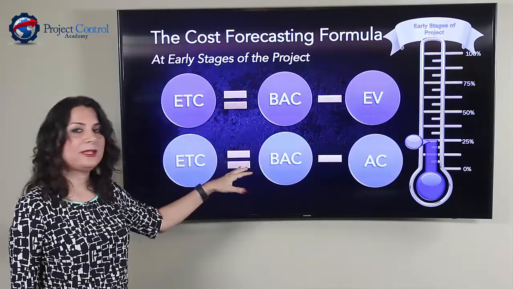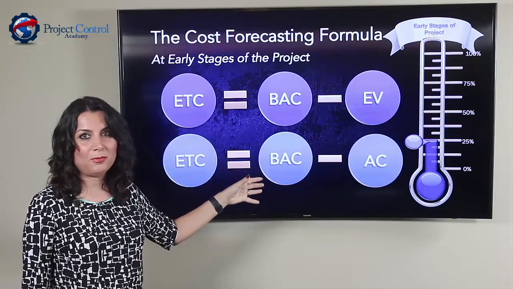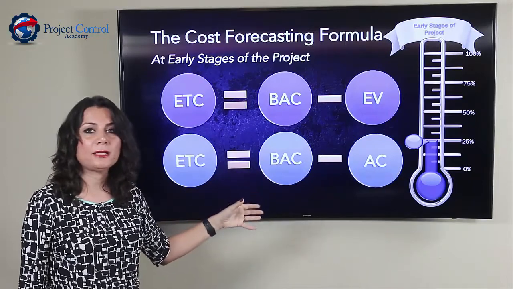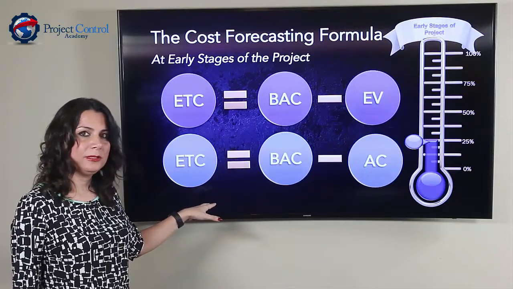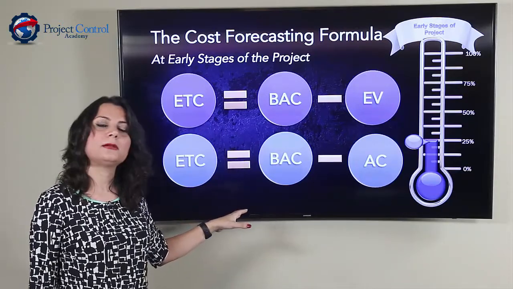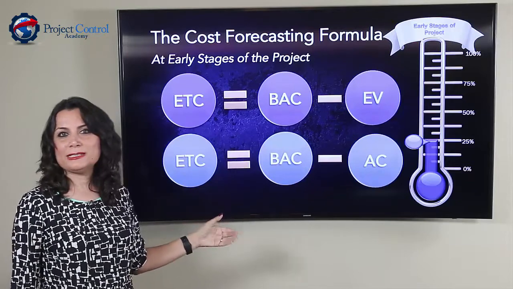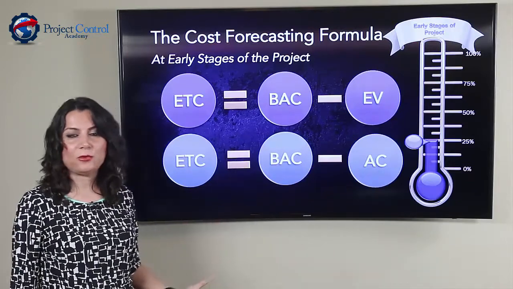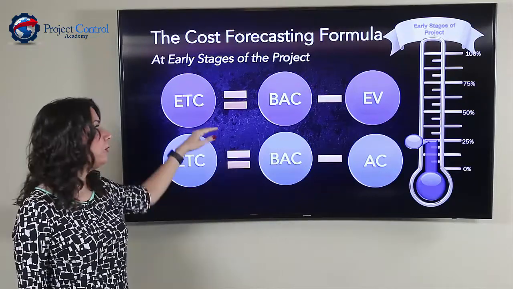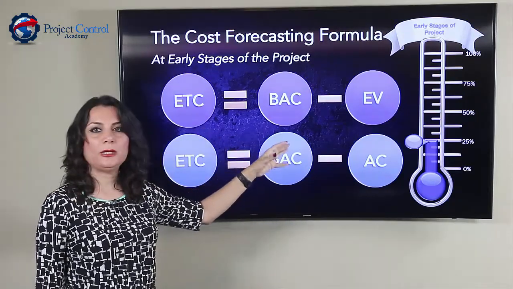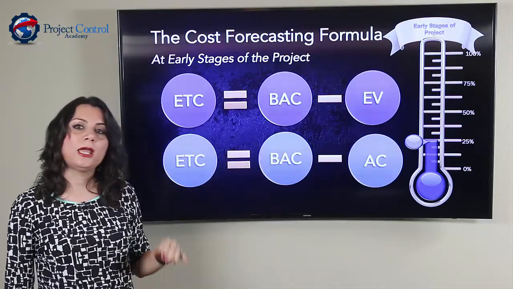For this, because it just shows you the remaining money that's left in your pocket, probably it's safe to use this formula very early on your project, probably the first, second, or third reporting cycle in your project, that you don't see that much of deviation, everything is according to the plan. But for the other one, you can use that up to 20 to 30% progress up to that point.